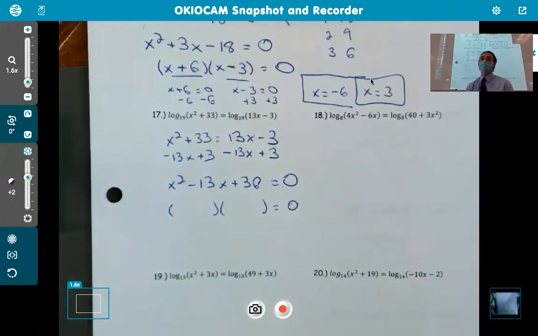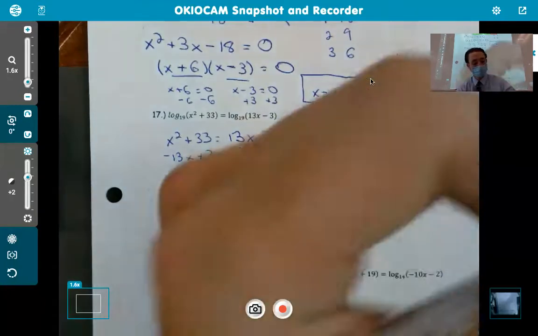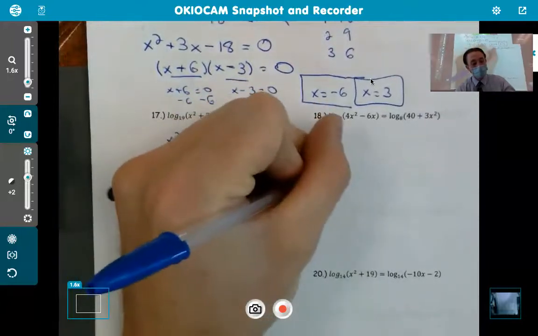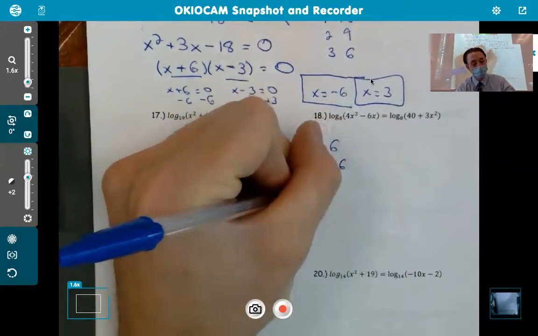Why don't we go through that process just so it helps if we ever get confused going through the quiz. Some factors of 36. 6 and 6. What about 1 and 36? 3 and 12.